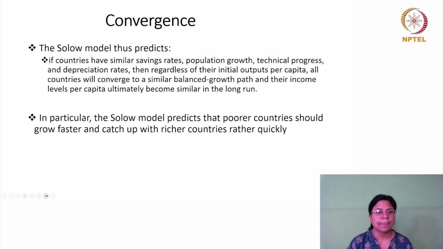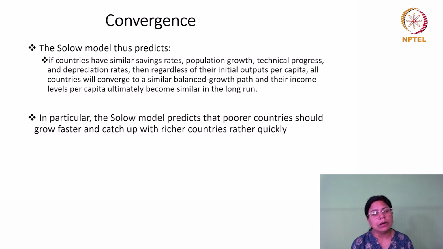This Solow model in that case predicts that if countries have similar saving rates, population growth, technical progress and depreciation rate, then regardless of their initial output per capita, all countries will converge to a similar balanced growth path, and their income levels per capita ultimately will be similar in the long run.